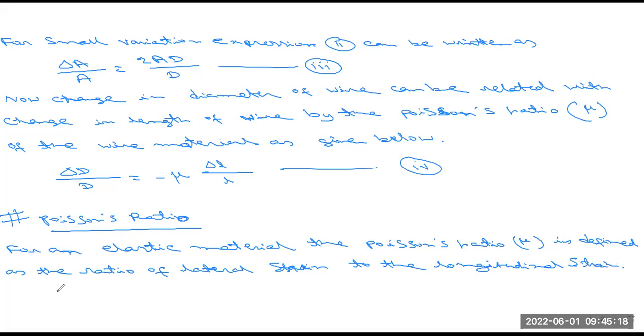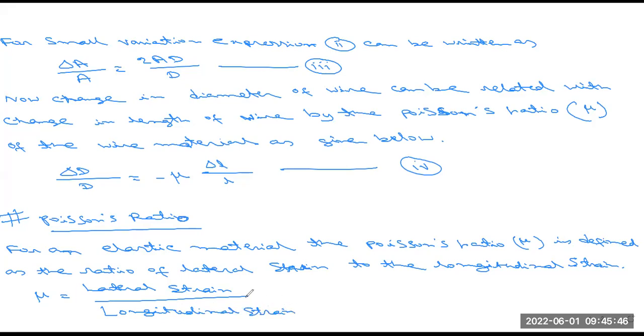So that means the equation is mu is equal to lateral strain to the longitudinal strain. So please remember this definition. This is very important for Poisson's ratio.